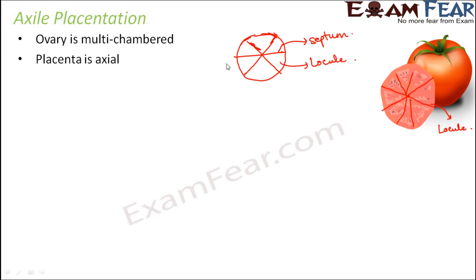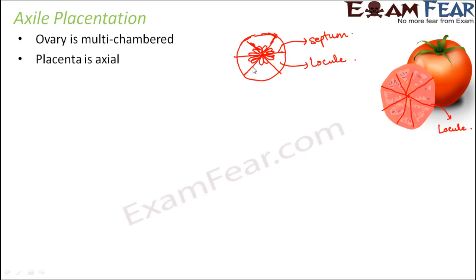And where do we have the ovules? The ovules are located like this. So this is the ovary, this entire spherical structure, and this is where the ovules are arranged. Now due to this kind of arrangement of ovules, the ovary becomes multi-chambered. It gets divided into different locules.